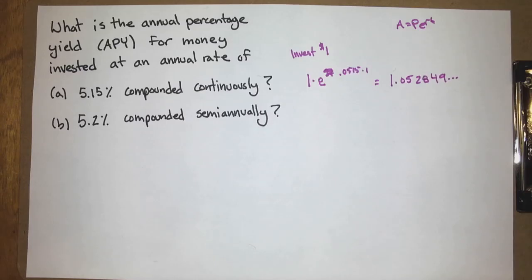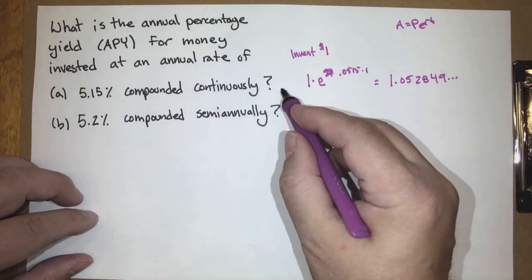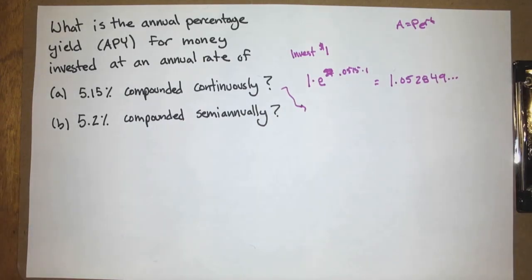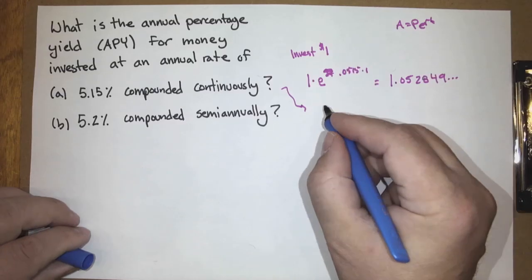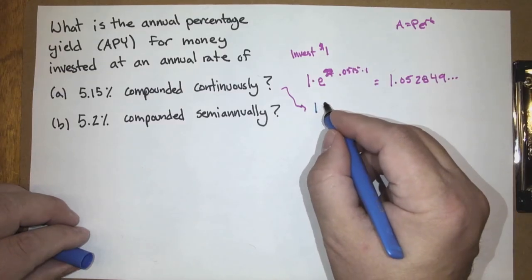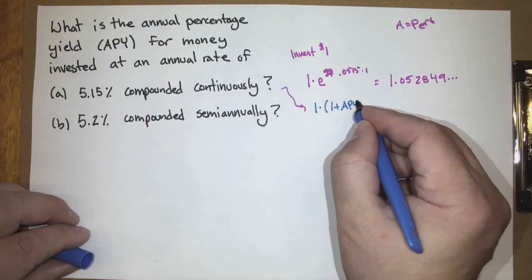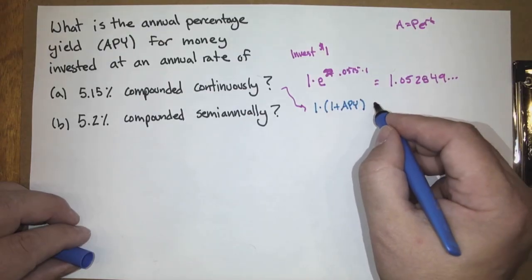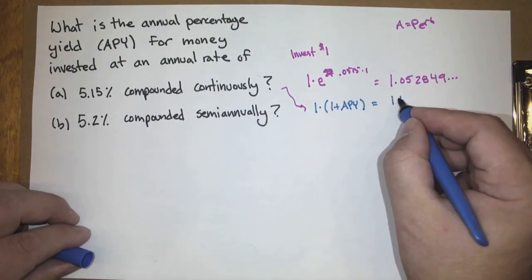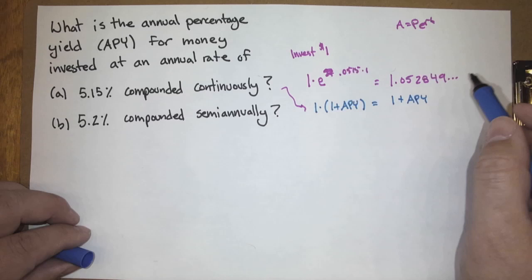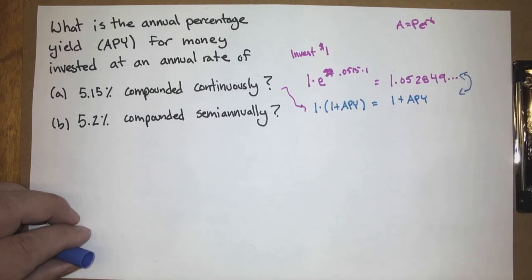Now that's if I invested $1, compounded continuously. If I compounded at simple interest rate, what would I have? I'd have 1 times my initial amount, 1 plus my annual percentage yield. So these two are supposed to match.